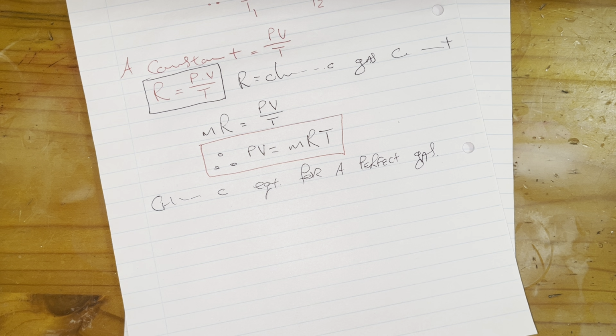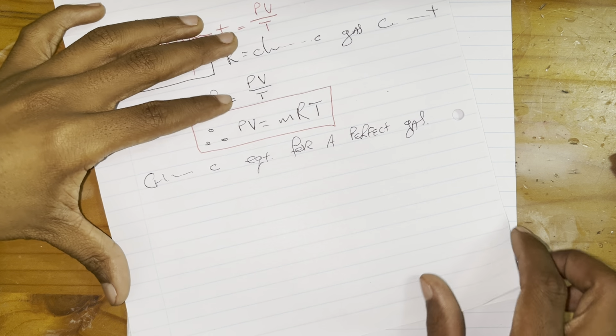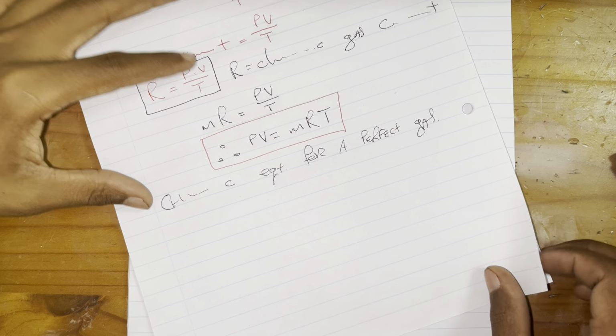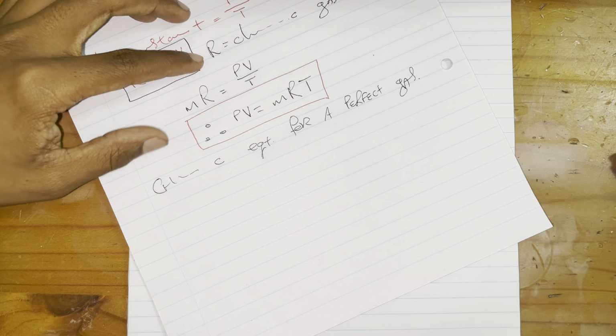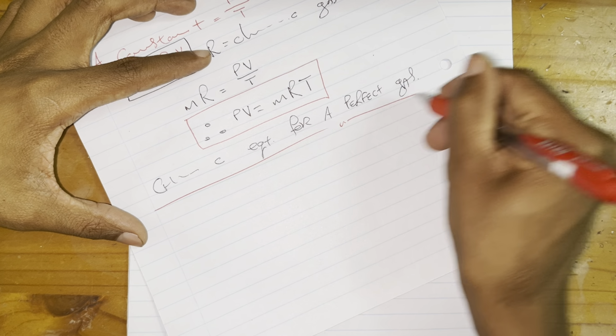Okay, now since this foundation has now been laid, now we can move over to what is known as the specific heat capacity of a gas. So let me just write that down.